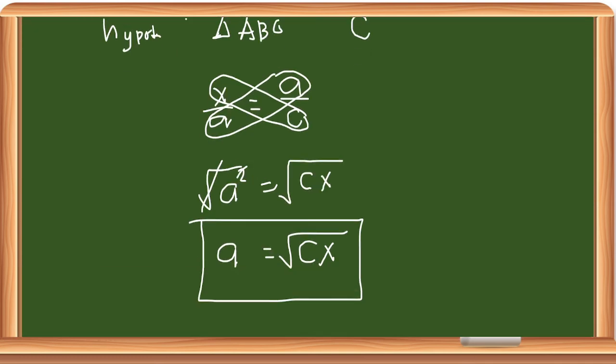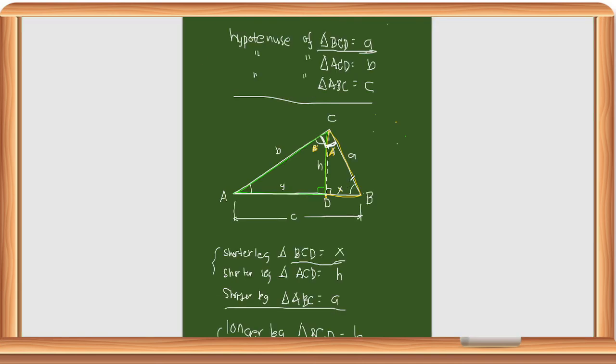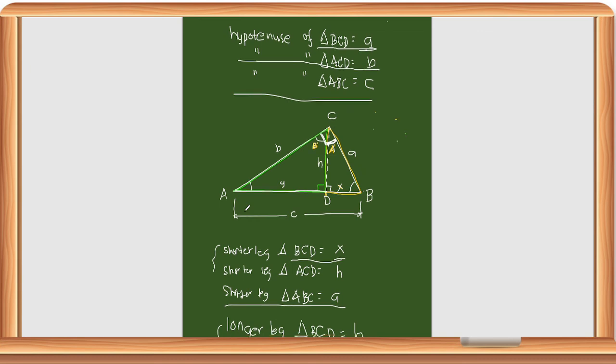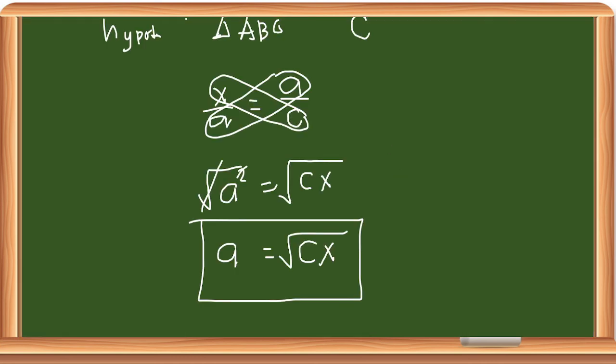Now, paano naman natin makukuha yung B? So, let's try to look at the corresponding parts. Now, ang involved naman dito is the hypotenuse of the original, of ACD pala, sorry. The hypotenuse. And we can use this one, the longer leg. Longer leg over the hypotenuse. Okay, so let's use the ratio of the longer leg.